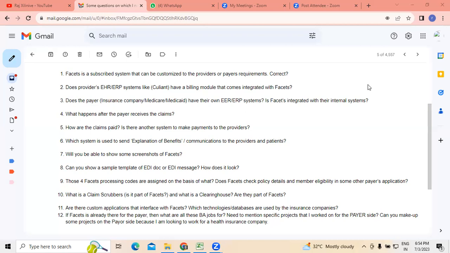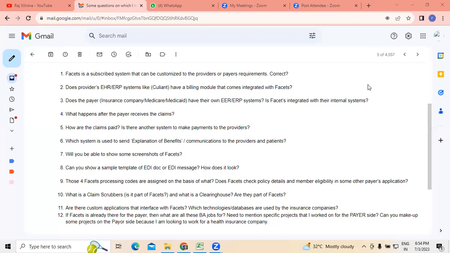So the Facets application will be used majorly by the providers, insurance companies, as well as CMS, healthcare organizations. These are the 2 parties who use this.